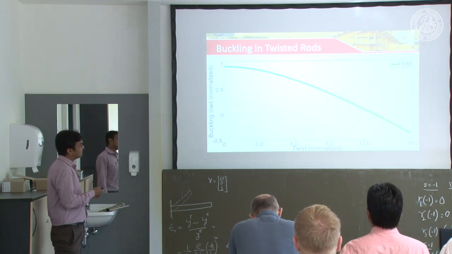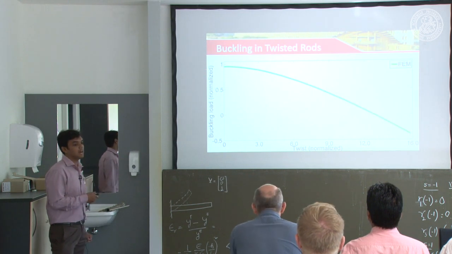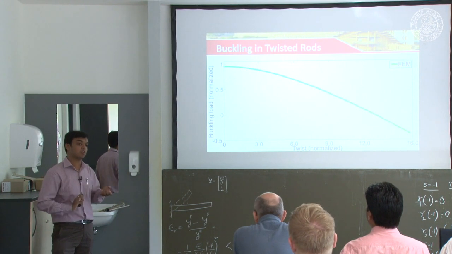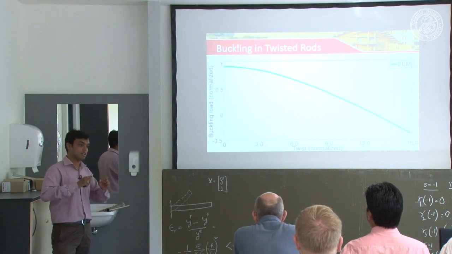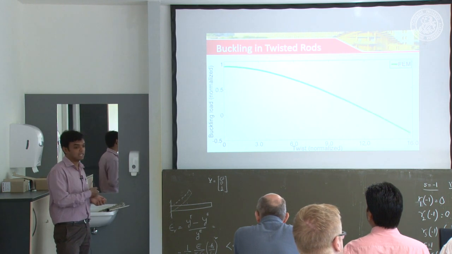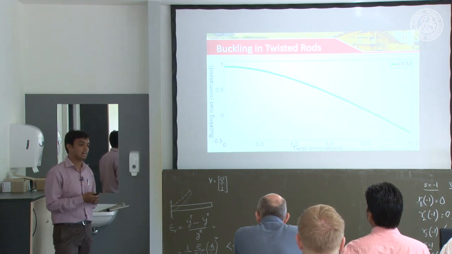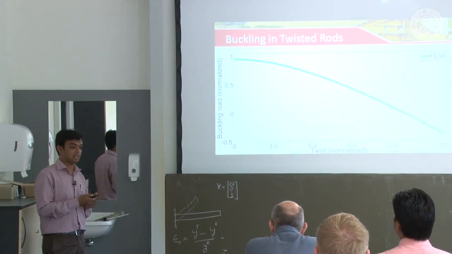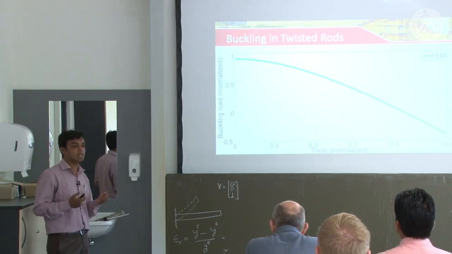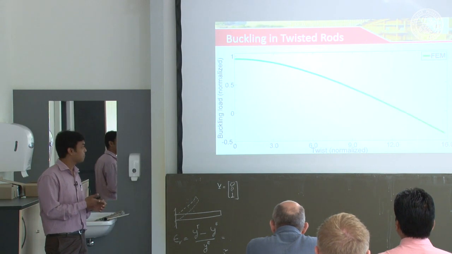As I increase the twist, I find that even at 0 load, the twisted rod buckles. And in fact, the buckling load gets negative. That means I need a tensile load for buckling. If the twist increases, it's in such a manner that a stretch is required for the buckle.